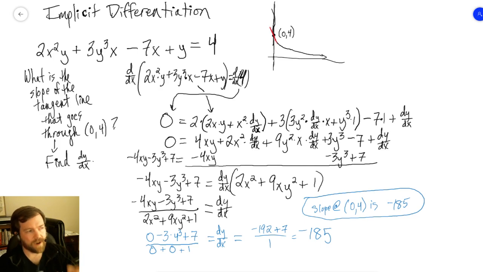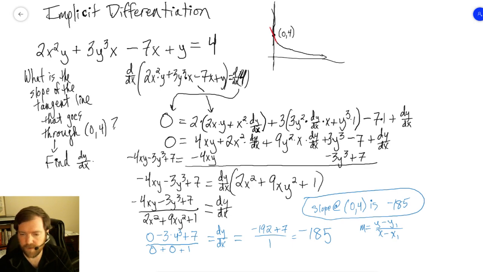If your point is not on the y-axis, then I would suggest doing point-slope form. So again, point-slope form is you're just taking the slope equation, say m is equal to y minus y1 divided by x minus x1.